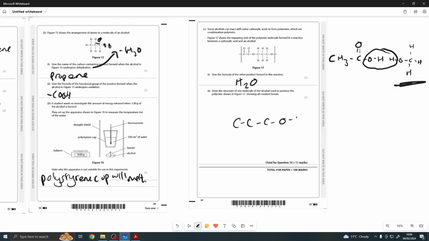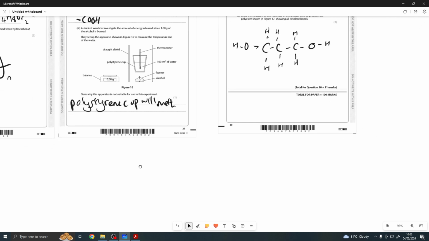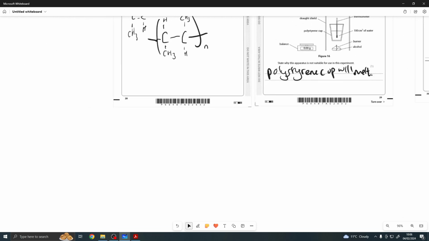You're going to have an OH. You're going to have another OH. And then you're going to fill in the hydrogens. Don't not fill in the hydrogens. Fill in the hydrogens. I know, you know they're there. I know they're there. The examiner knows they're there. But draw them anyway, because otherwise you'll get it wrong. Okay, simple as that.